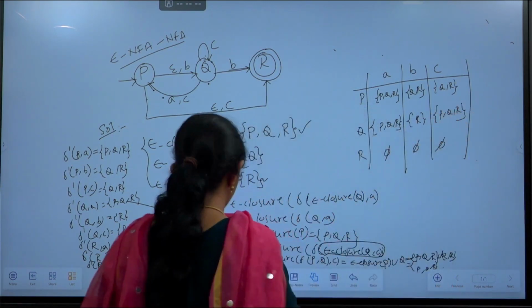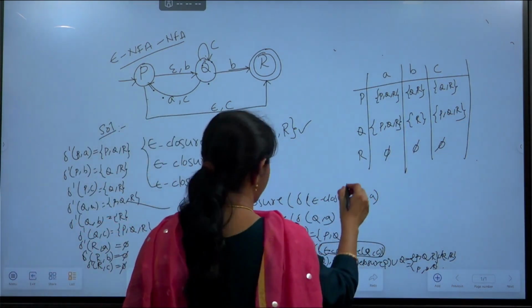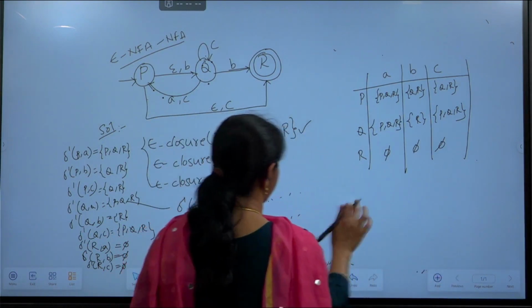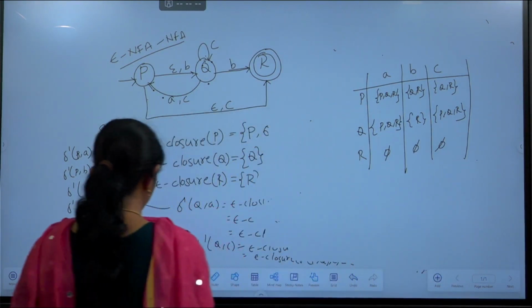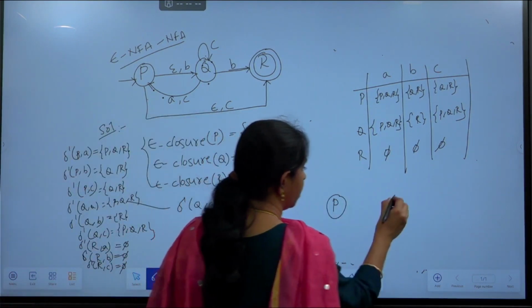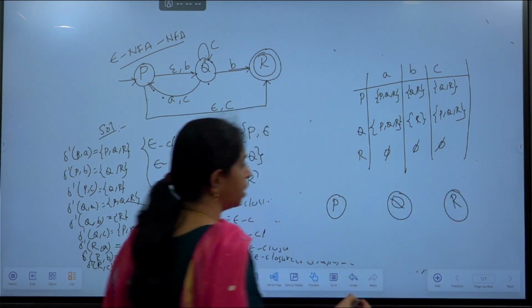So now draw the transition table. After getting this, we have to draw the transition table. After the transition table, we have to draw the NFA. So now P, Q, R. Now we will draw the NFA.